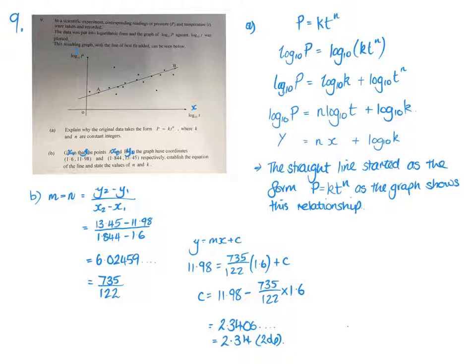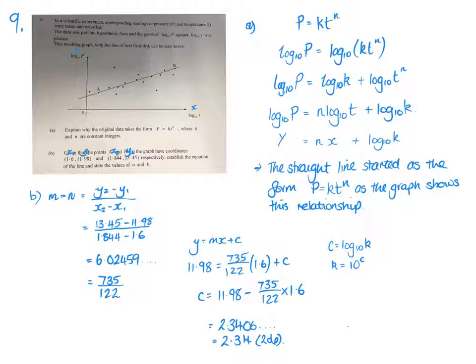Right, we're almost there. That c that we found is equal to log to the base 10 of k. So k is going to be equal to 10 to the power of c. By rearranging, the base of your logarithm becomes the base of your exponential.